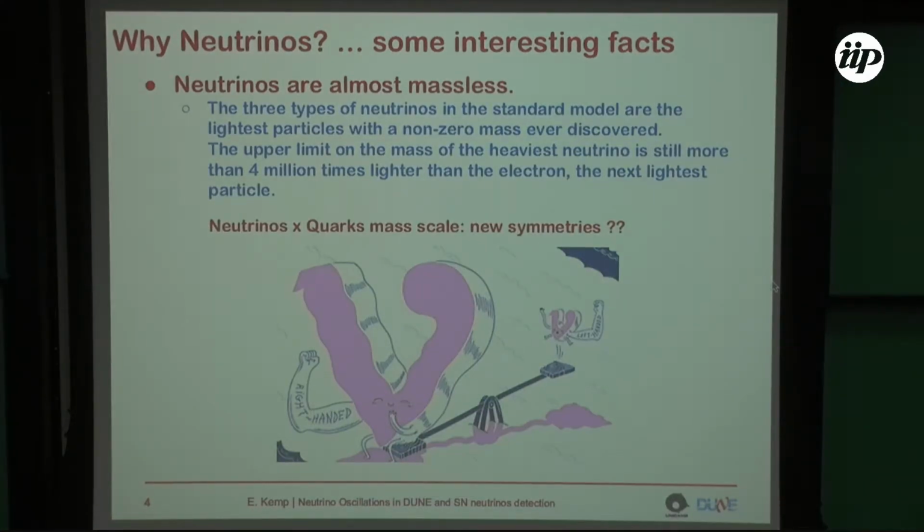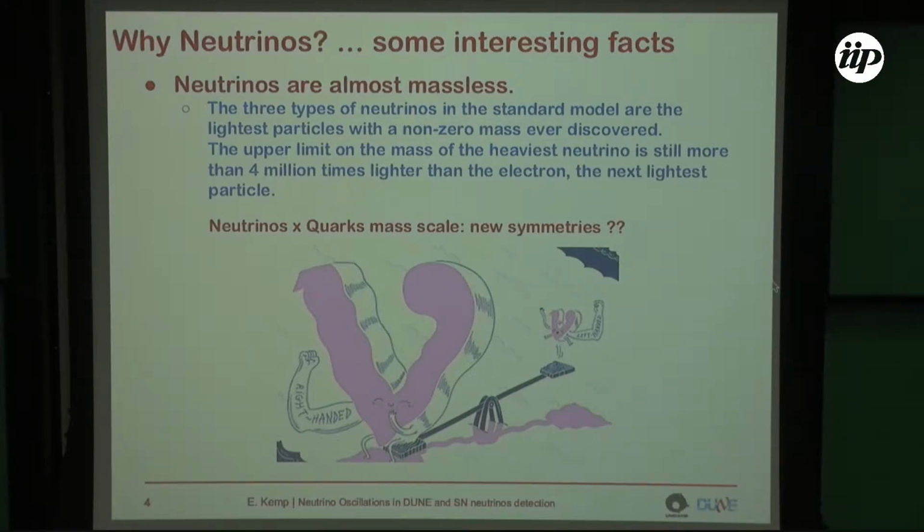The second interesting fact is that neutrinos are almost massless. They are the tiniest particles with mass that we know. The mixing patterns of neutrinos and quarks are very different, and also the mass patterns.